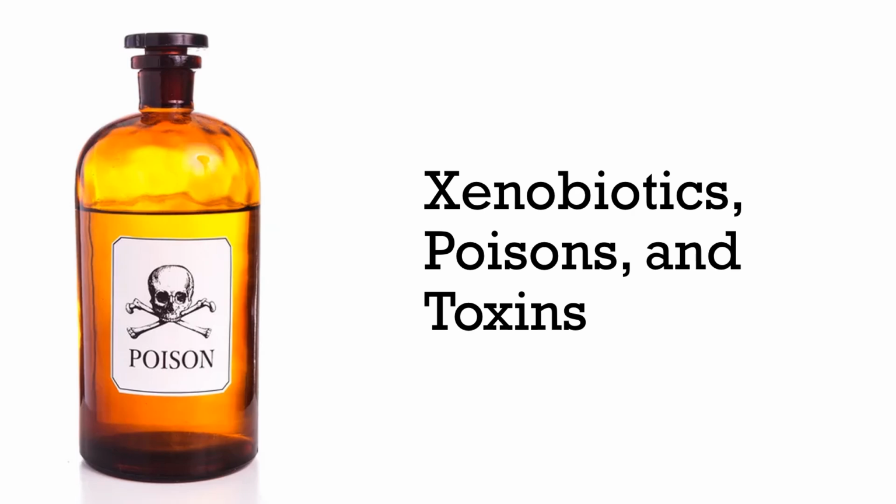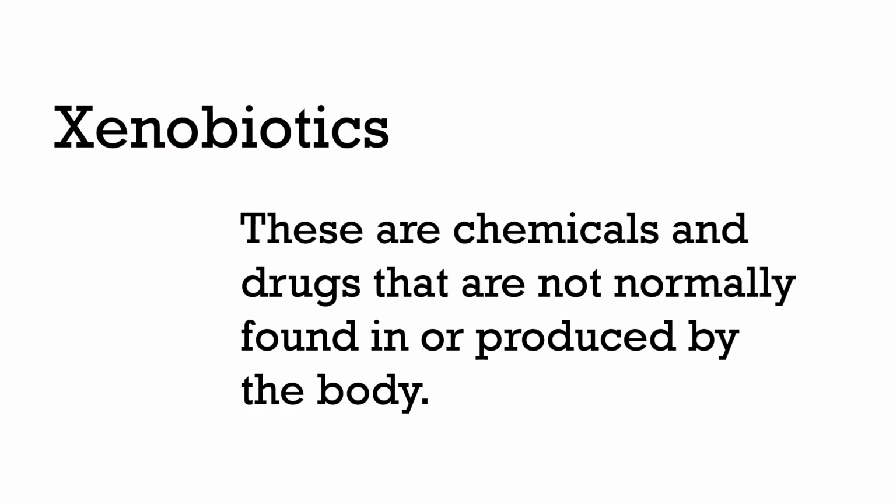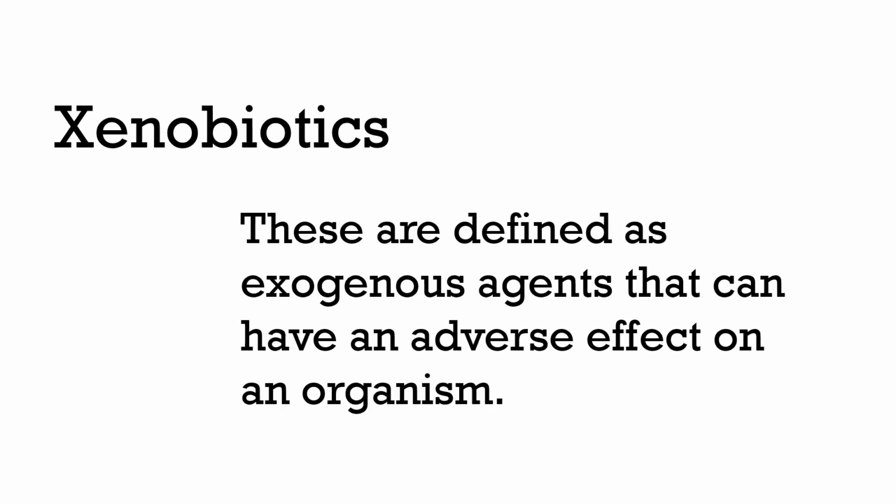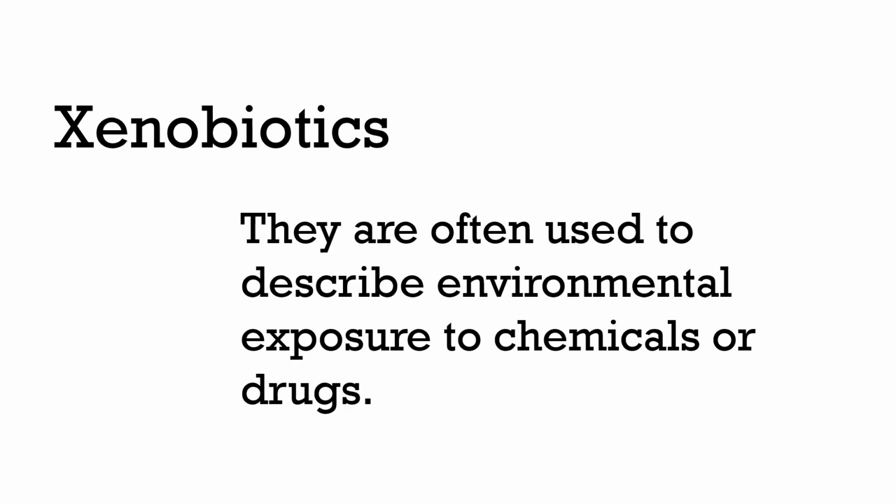Now let's go into xenobiotics, poisons, and toxins. Xenobiotics, like we said earlier, are chemicals and drugs that are not normally found in or produced by the body. They are also defined as exogenous substances or agents that can have adverse effects on an organism, and often used to describe environmental exposure or chemicals or drugs. So environmental drug exposure would include antibiotics, antidepressants.